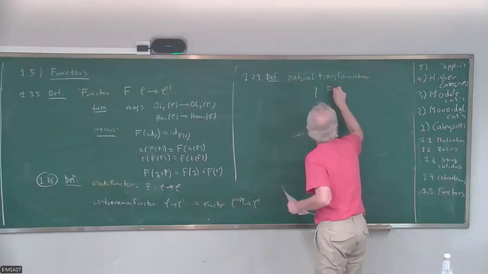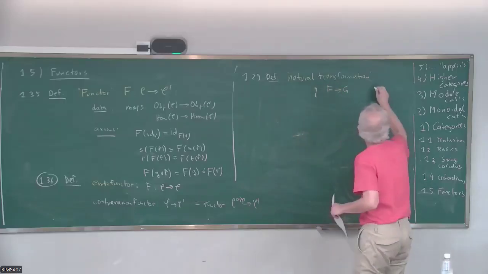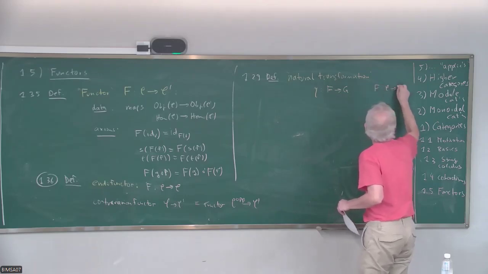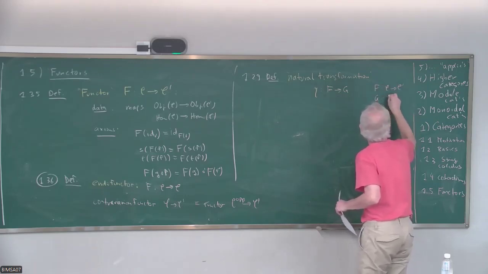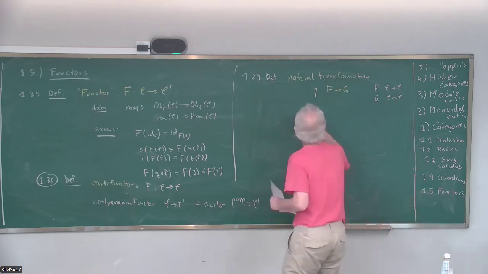Say eta from F to G, where F is a functor from C to C prime, and G is a functor from C to C prime. And what is this?